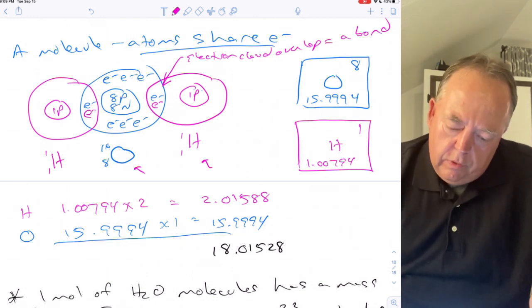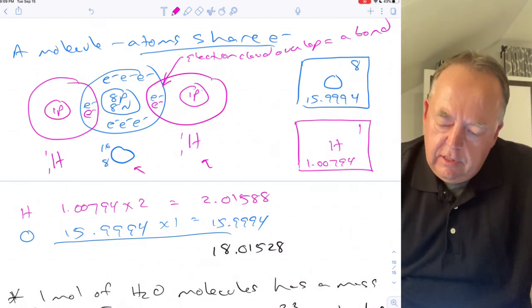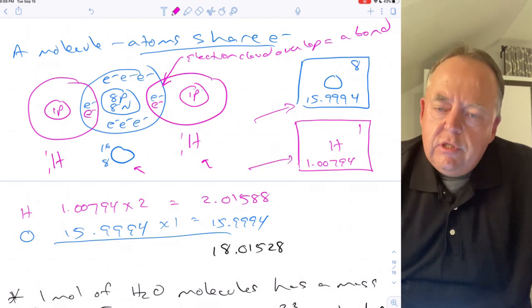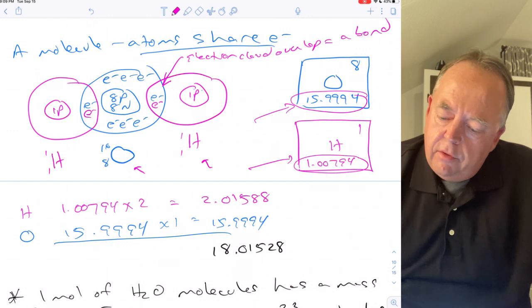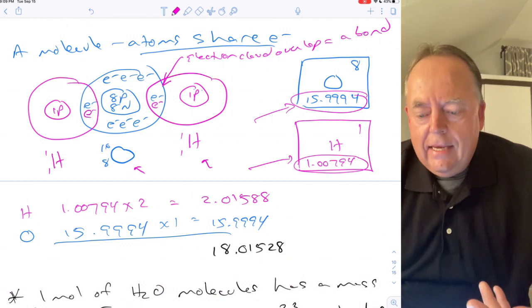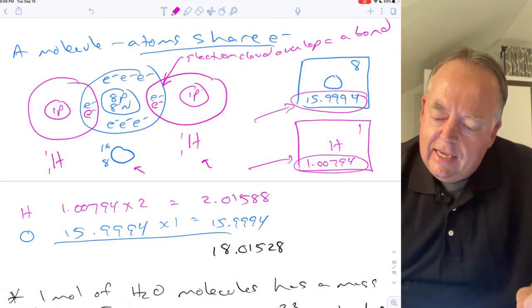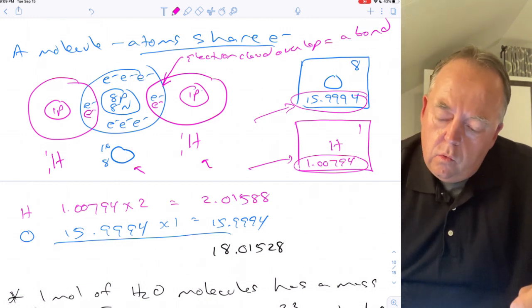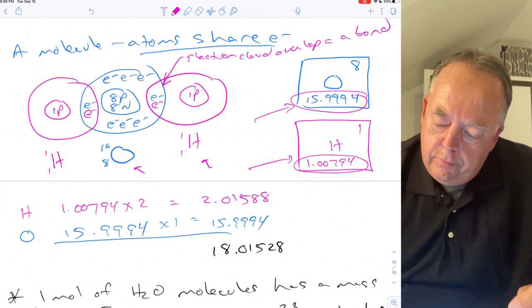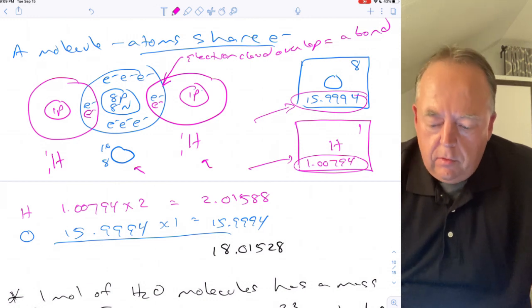Okay, so if we wanted to calculate the molar mass of this, then we take the periodic table entries for oxygen and hydrogen and take their molar mass. So 1 mole of oxygen has a mass of 15.9994 grams per mole. 1 mole of hydrogen has a mass of 1.00794 grams per mole.